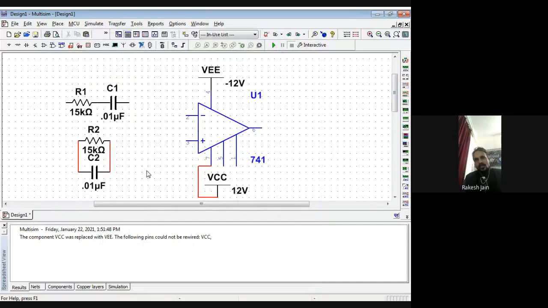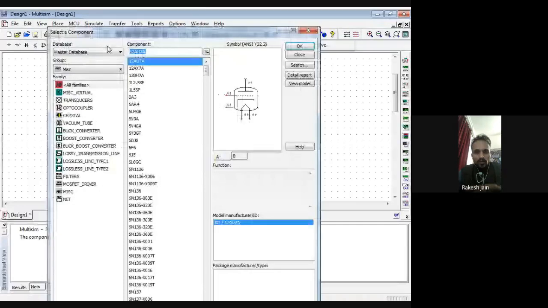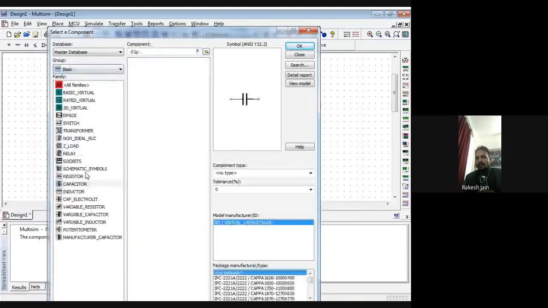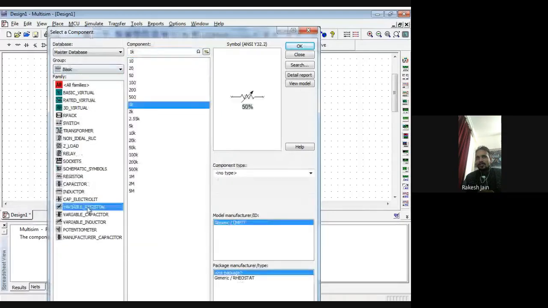Now the two resistors are also remaining. One is a 4.7 kilo ohm variable resistor, as I have already taught you in that diagram. A 4.7 kilo ohm variable potentiometer as resistor R3. So just go to basic and go to variable resistor instead of simple resistor, and write down 4.7.